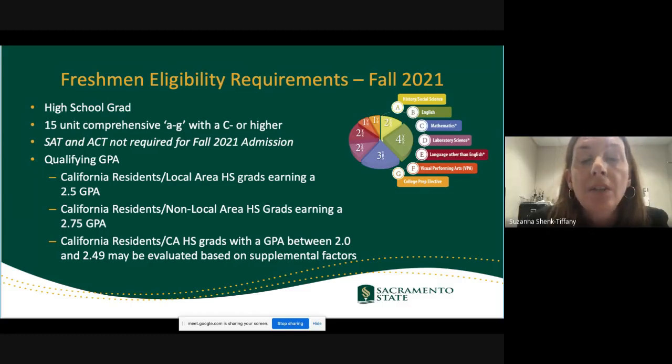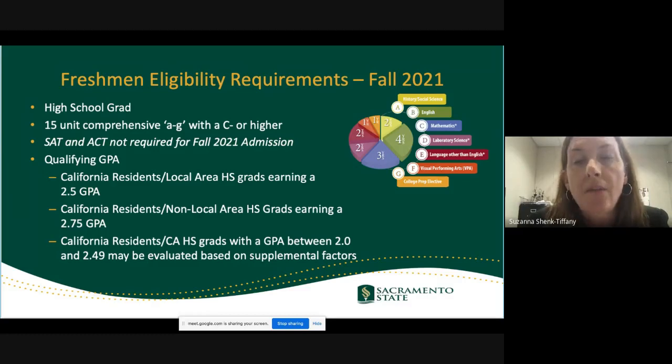So because you live in the local area, you actually have to have a lower GPA than someone coming from out of area. So that means if somebody like my friend's niece wanted to come to Sac State, and she was coming from SoCal, she had to have a higher GPA than you guys did, right? Same thing goes if you want to go to a school where you're out of area.